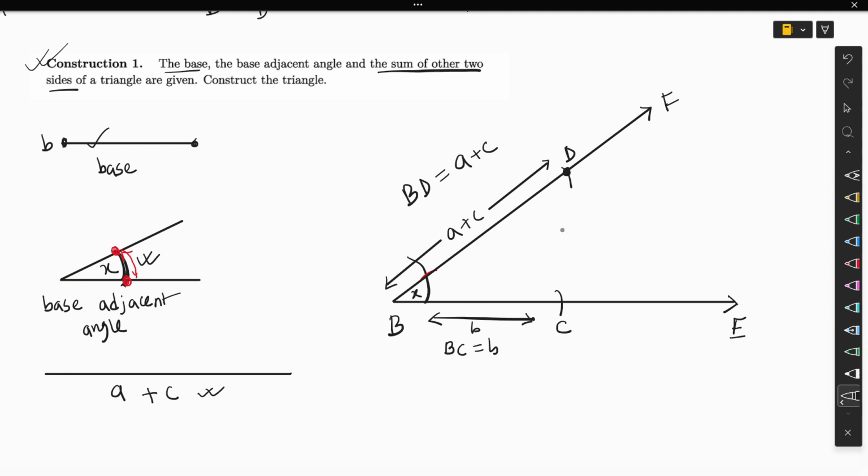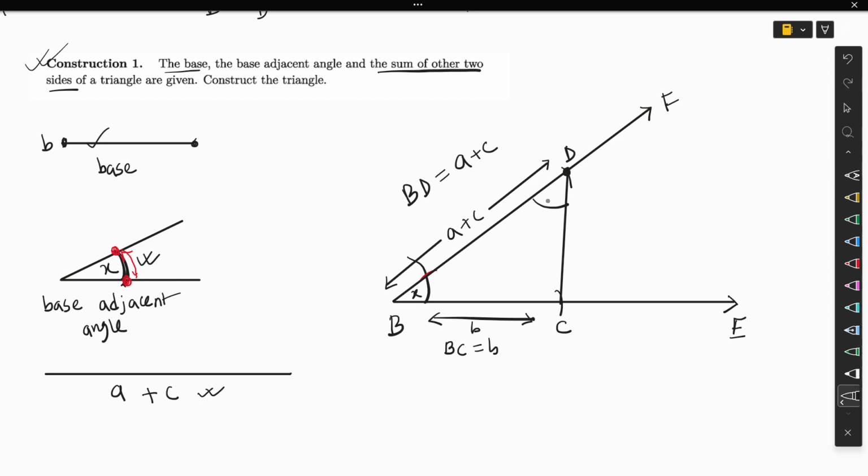Now we will join point D with C using pencil and scale, obviously. Then we get an angle here. Remember this, we get an angle here.